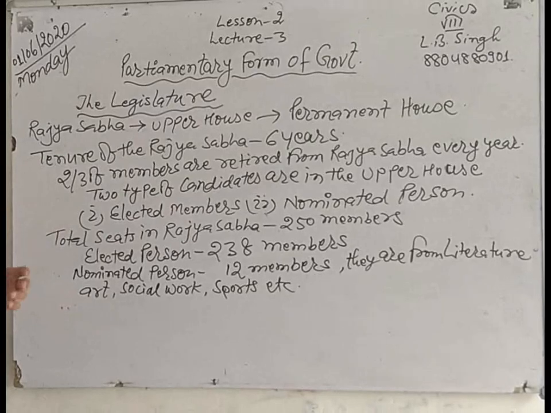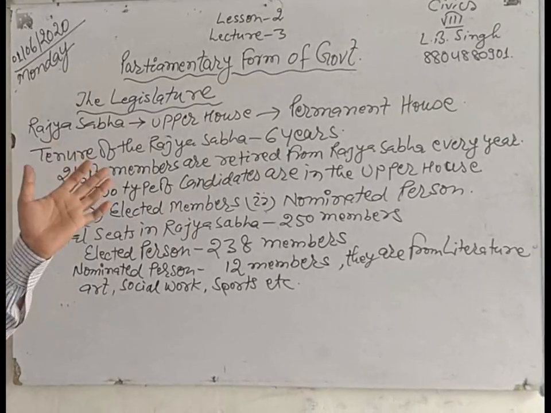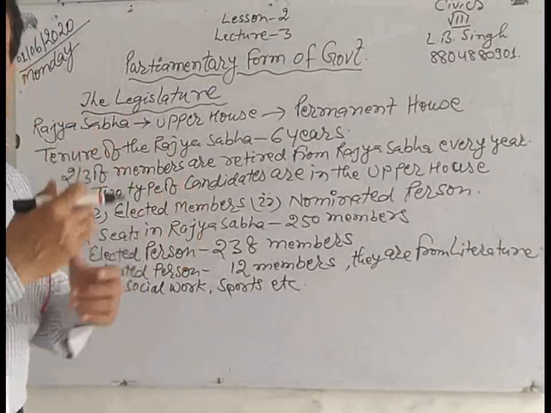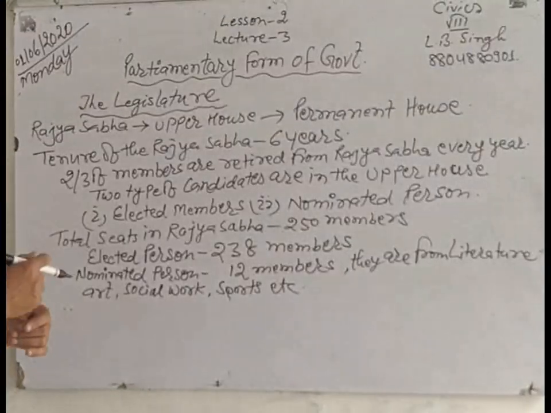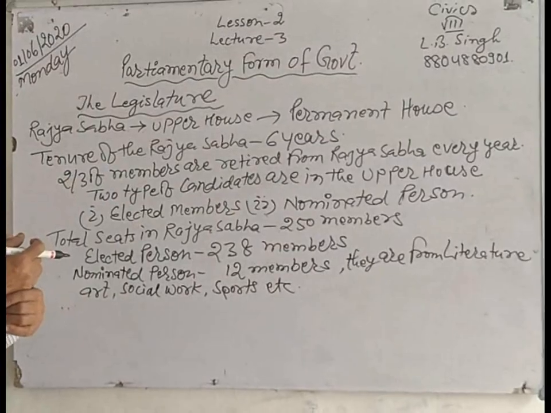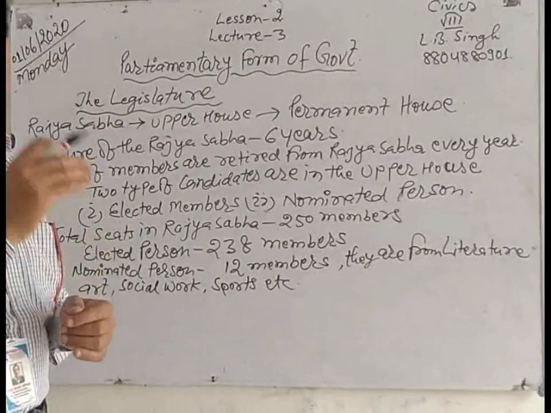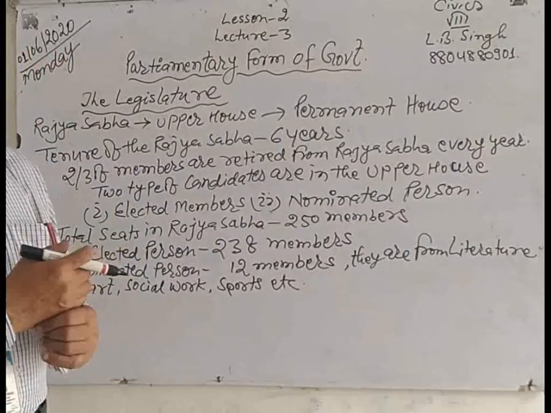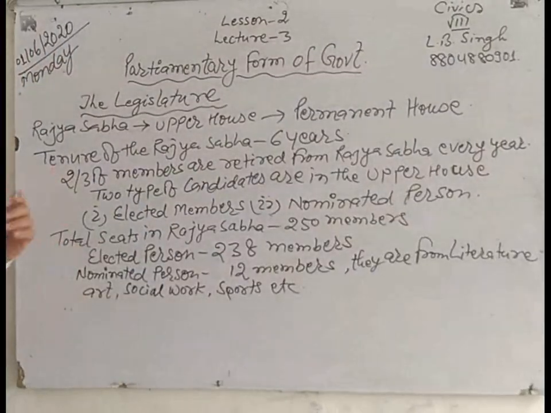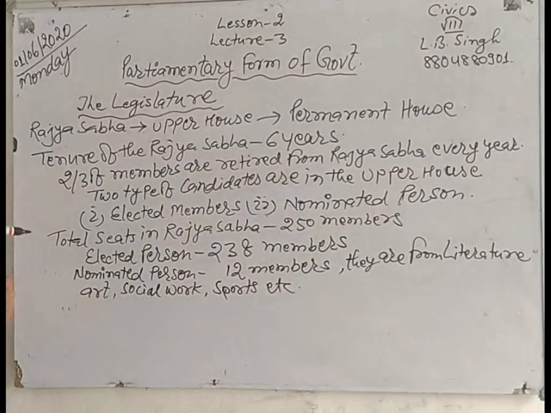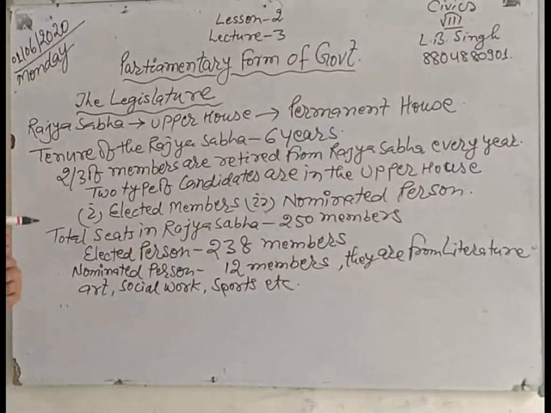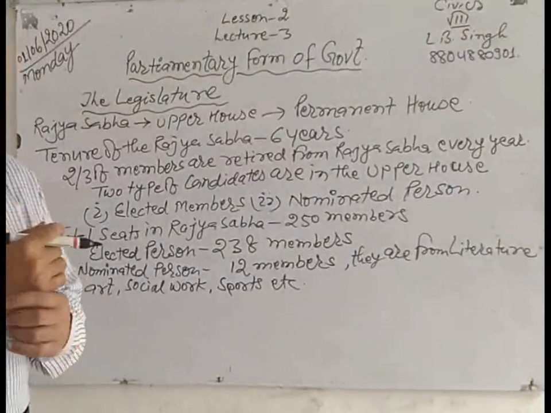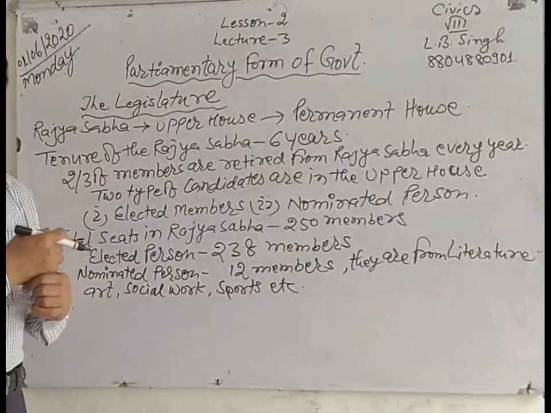because such type of person are expert, specialist in their work. Have you heard the name of Sachin Tendulkar? He was the member of Rajya Sabha and nominated by the ruling party. He is the special person in the cricket. Have you heard the name of Rekha?